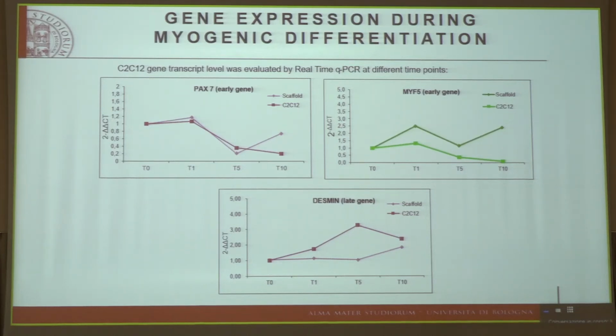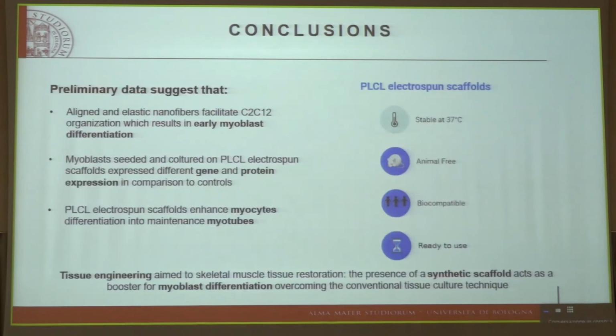But of course, we could detect some difference in the trend of genes in C2C12 on scaffold and controls. So that means that a scaffold as a support that is different from the normal tissue culture plastic reflects on different behavior of the cells that is related to different gene and protein expressions.